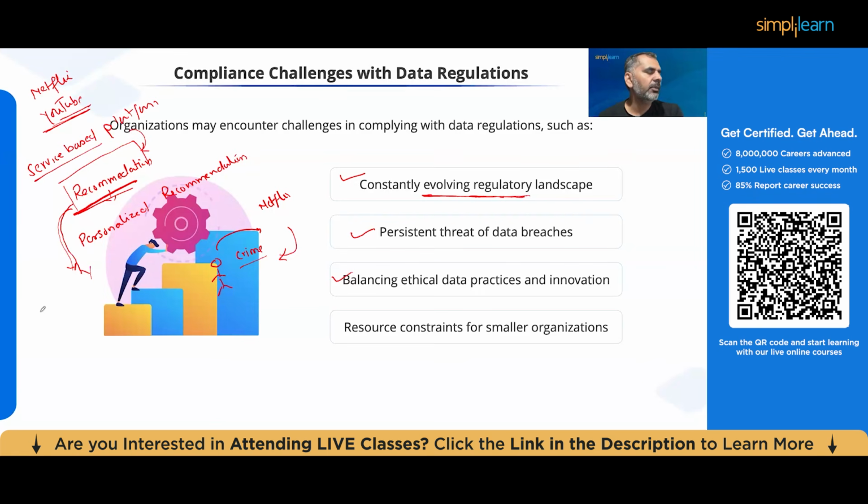In that way, they try to increase engagement. People start spending more time on their platform, and in that way, they earn more. So the recommendation system has become one of the integral parts. Now, users have different tastes and different preferences, so what we want is personalized recommendations.